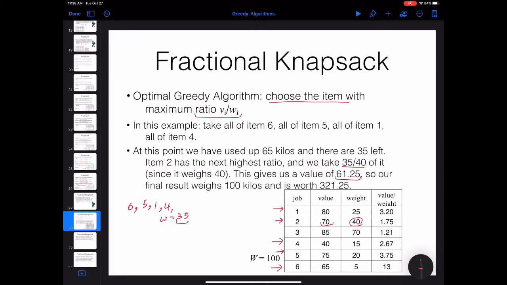So in total, it's a portion, 65 divided by 40, from object 2. It is not actually the multiplication from object 2.